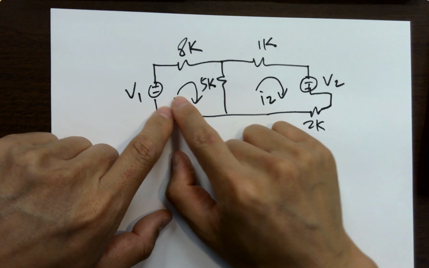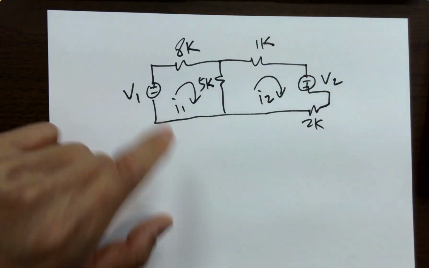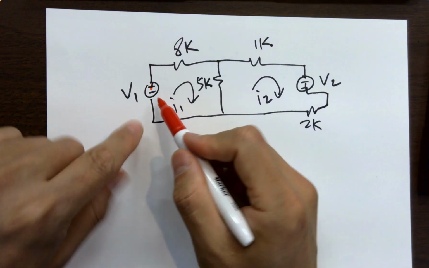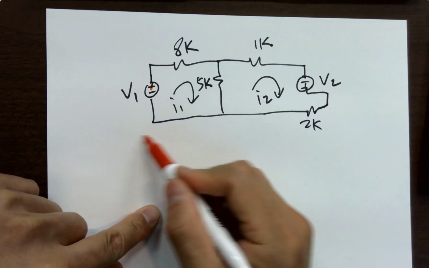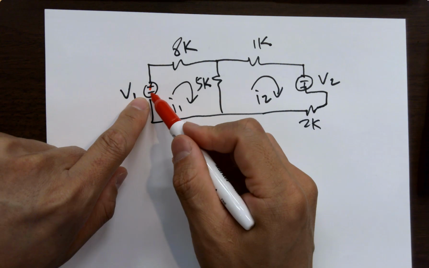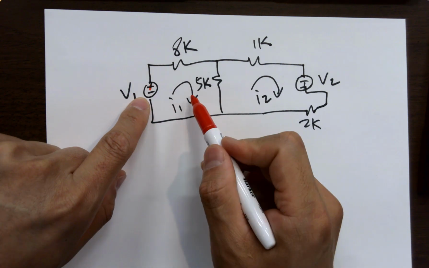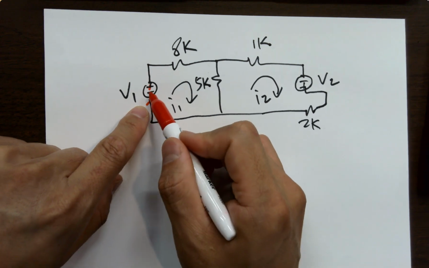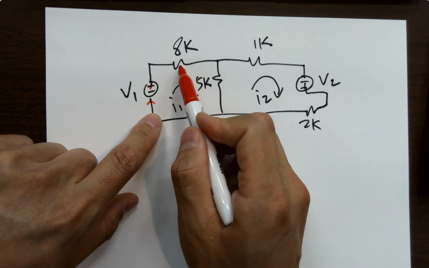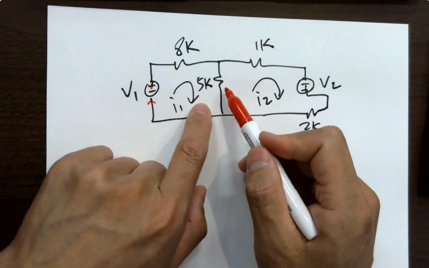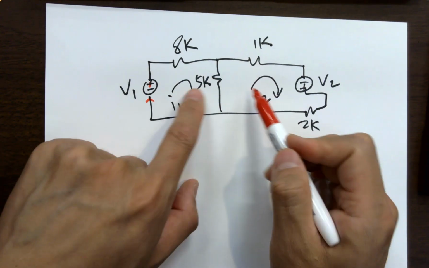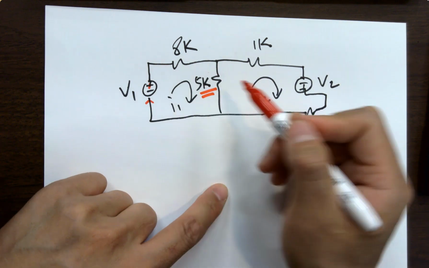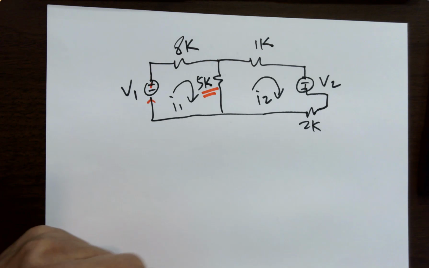So if you assume the current flowing in this mesh is I1, because you don't have another circuit sharing this node, sharing this component, so I1 will be the physical I1 flowing through this component. Same to this guy. However, if you look at the one shared by these two different circuits, the current that flows through this resistor would not be either I1 or I2.